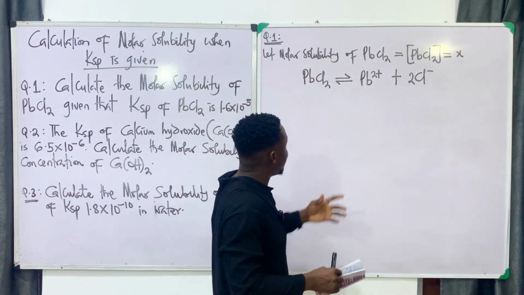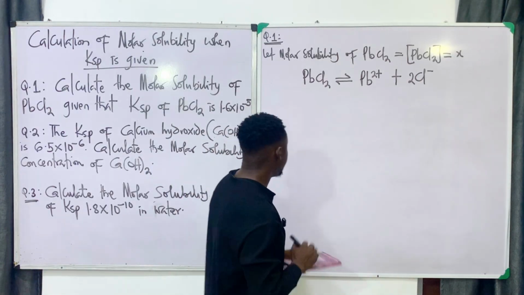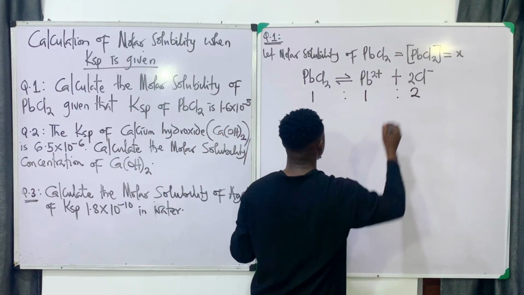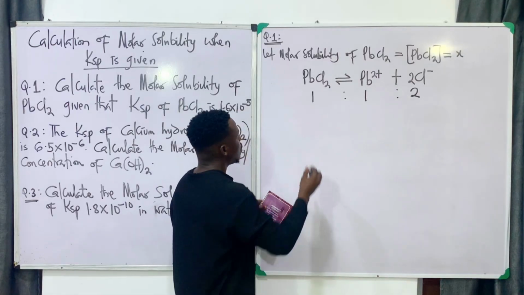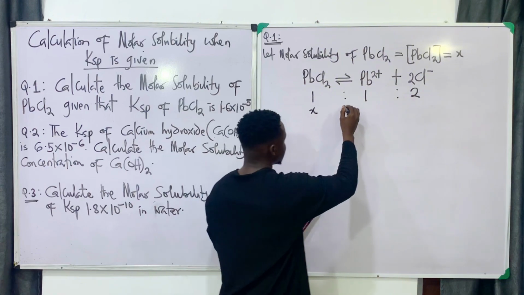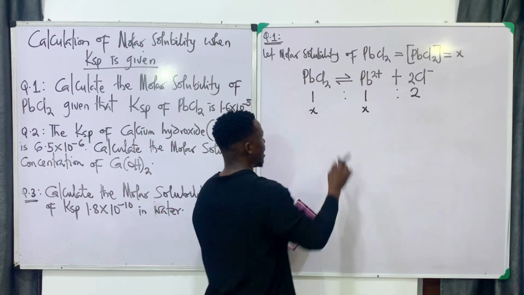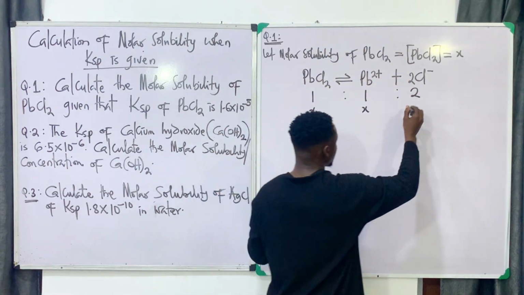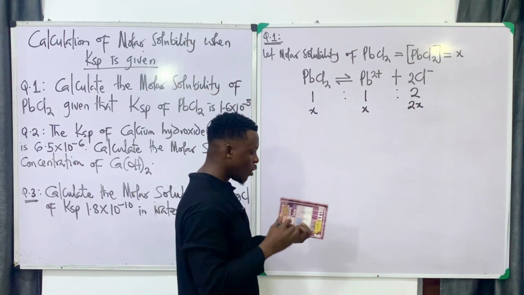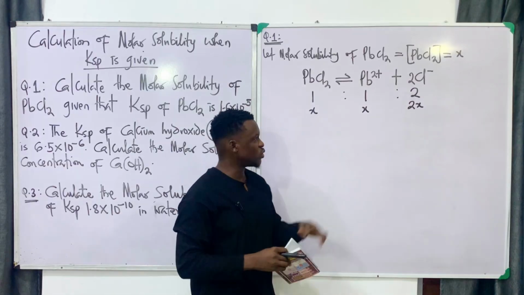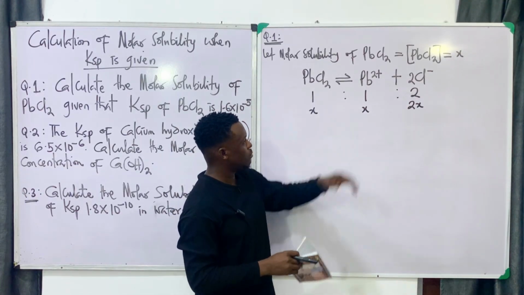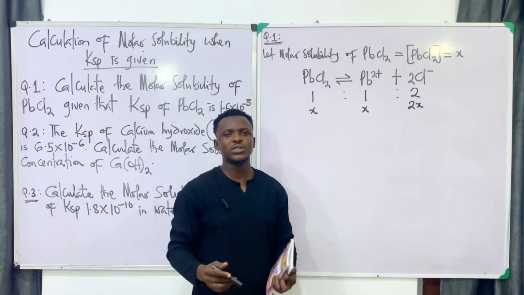We had earlier made it to be X. So if here is 1:1:2, since we said let the molar solubility of this equal X, here is X, here will also be X, since both of them are 1:1, and here will be 2X, since this is 2. So all I need to do now is solve for my X. Whatever the value of X is, that becomes the molar solubility of PbCl2. How do we solve for X?